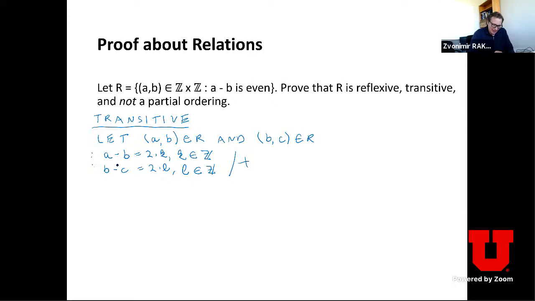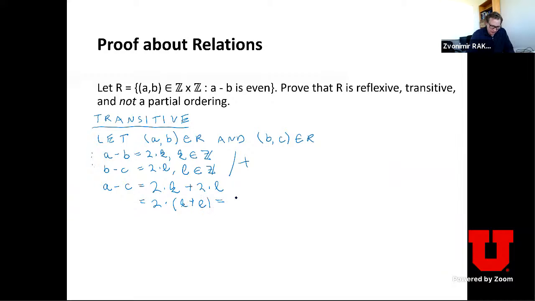b and b cancel. And so we get a minus c is equal to 2 times k plus 2 times l. And that is equal to 2 times (k plus l).